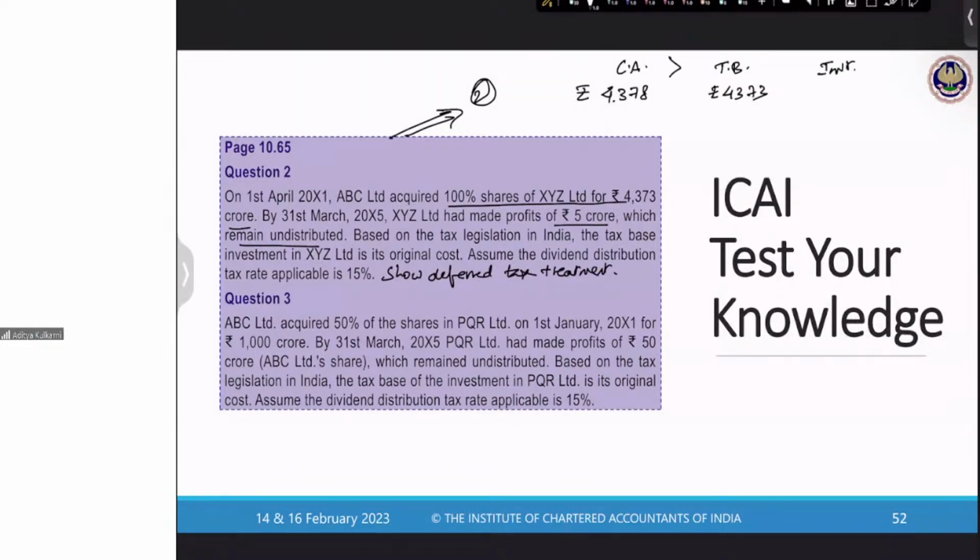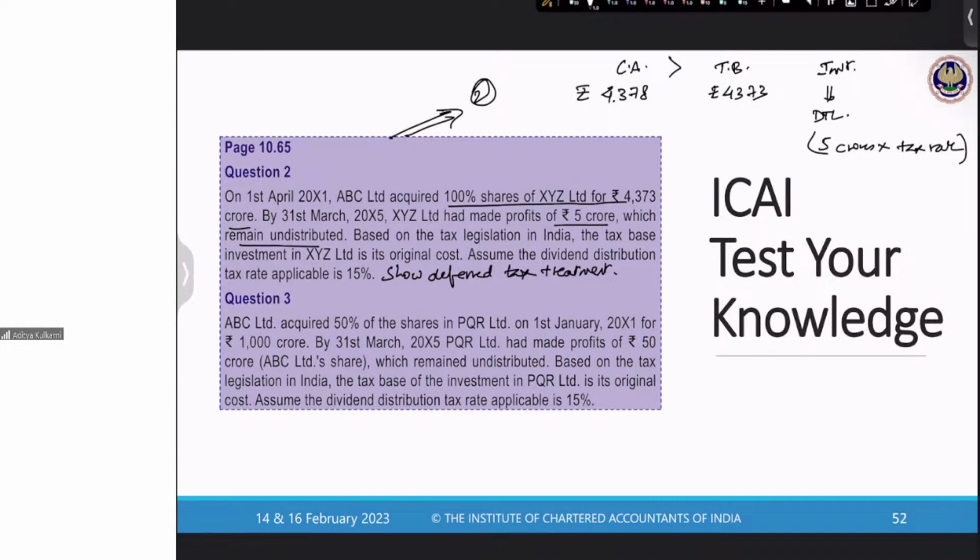So clearly the carrying amount is greater than the tax base of the investment. And because the carrying amount is greater than the tax base of the investment, ideally I should recognize a deferred tax liability of 5 crores into whatever is the tax rate. This should be the DTL that I should recognize on this particular item.